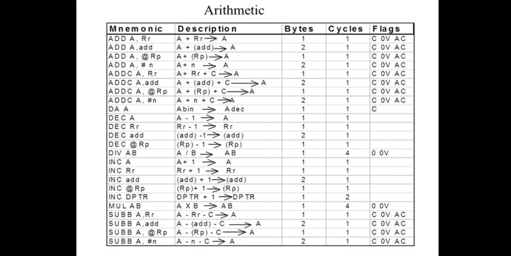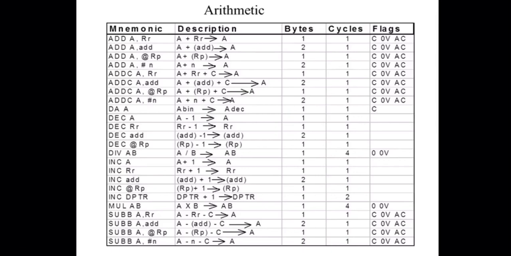And then what about the increment instruction? Again, INC A will increment the value of the accumulator by 1, and INC Rr will increment the general purpose register value by 1, and INC add will increment the RAM location value by 1, and INC @Rp will increment the pointer register value by 1.